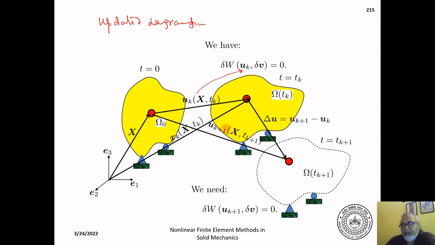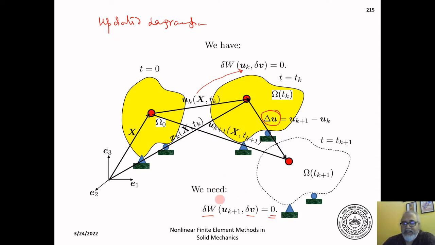And to find uk plus 1, I need to find delta u, the increment in displacement, which will take me from the configuration omega at tk to the configuration at omega tk plus 1. How do I know that I have found the correct delta u? I will know that when uk plus 1, which is uk plus delta u, for an arbitrary delta v, gives the total virtual work equal to 0.